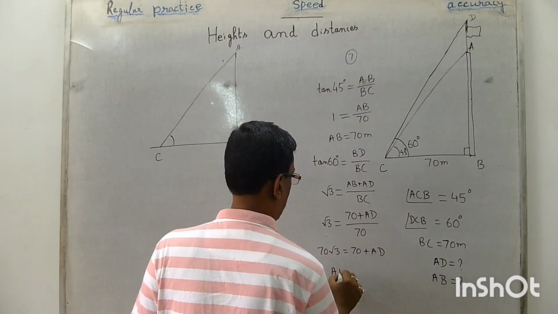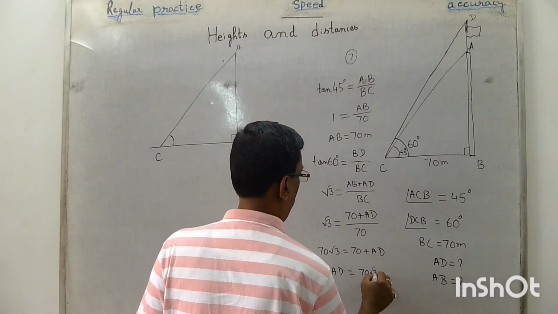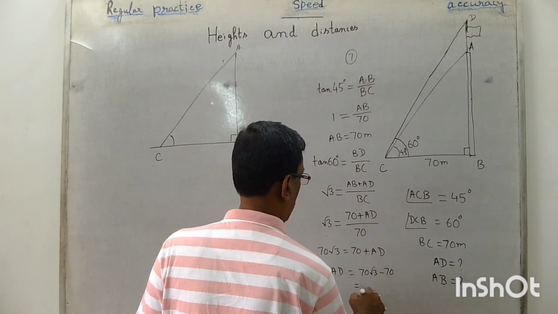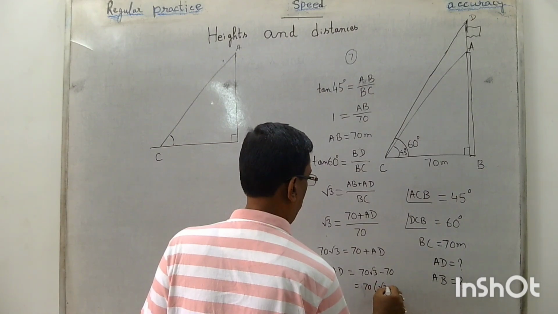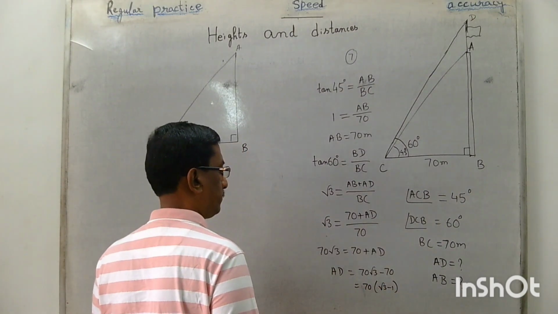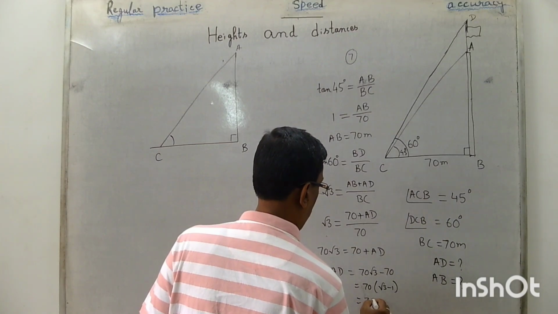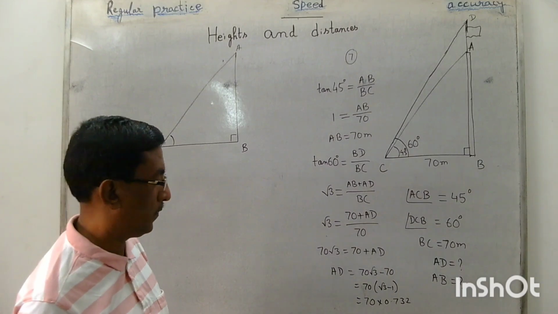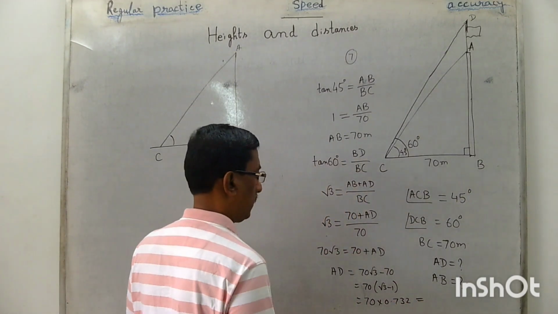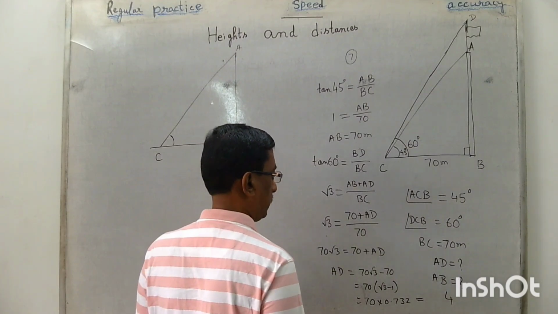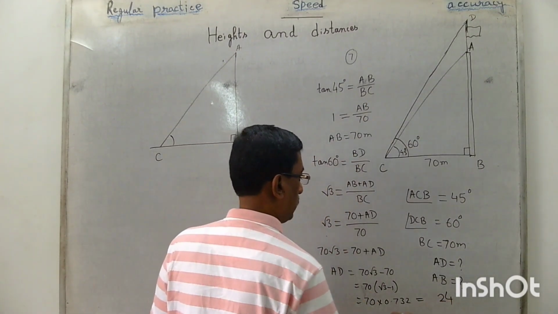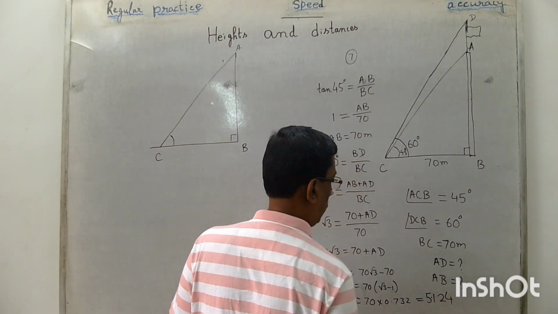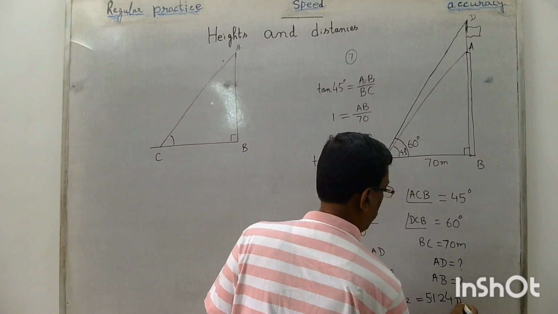So AD equals 70 root 3 minus 70, that is 70 within bracket root 3 minus 1. That is 70 into 0.732, and this will be 5.124 meter.